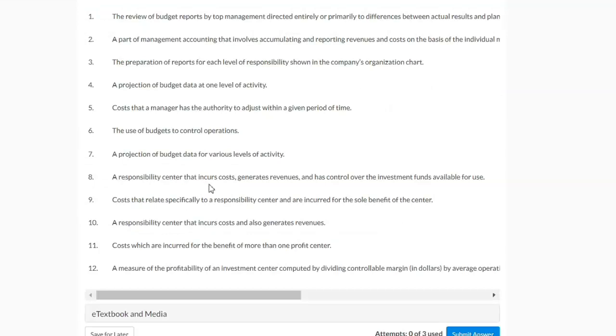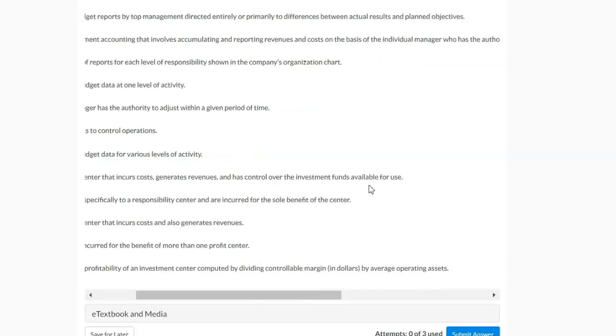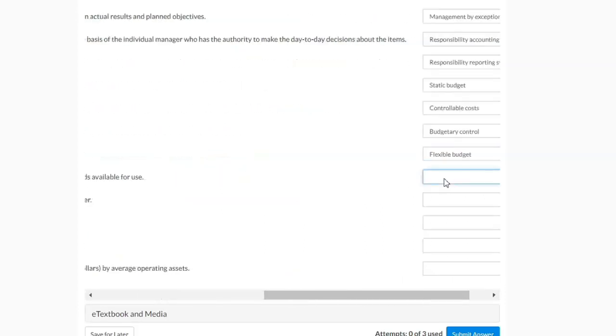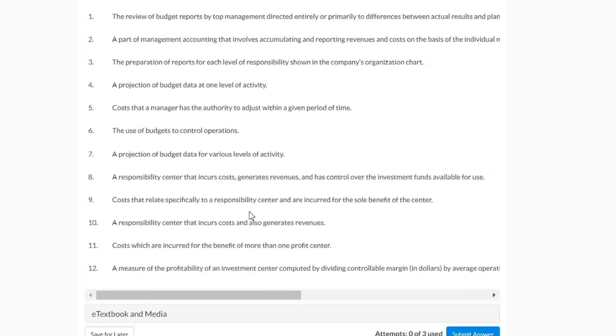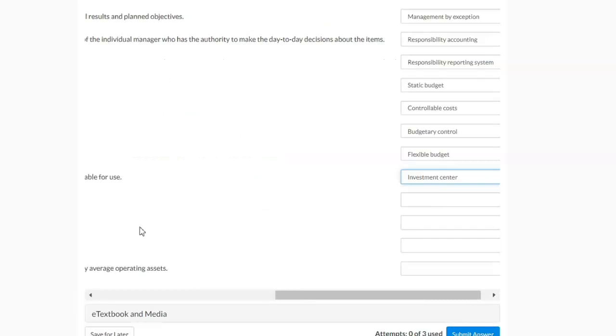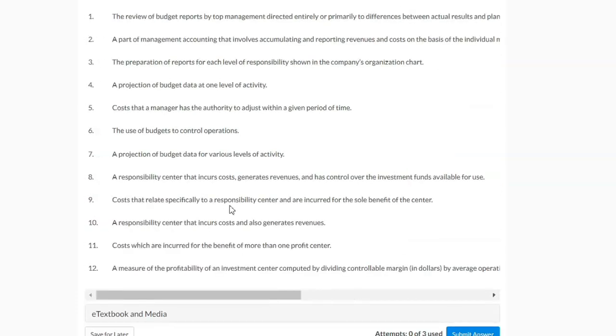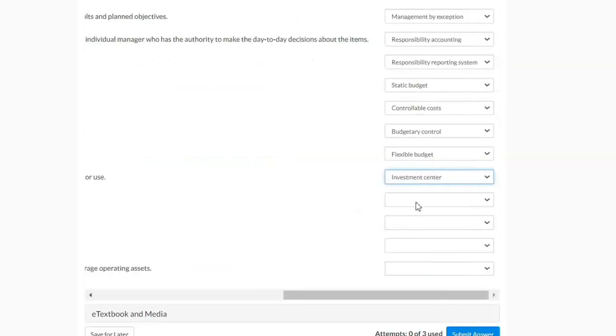A responsibility center that incurs costs, generates revenue, and has control over the investment funds available for use. Investment center. Yeah. Costs that relate specifically to a responsibility center and are incurred to the sole benefit of the center. Direct fixed cost, maybe. Yes.